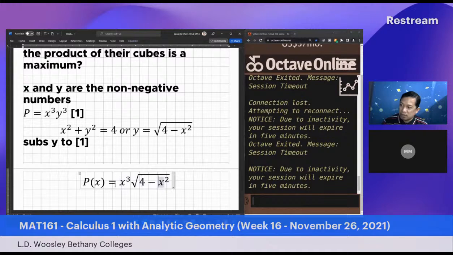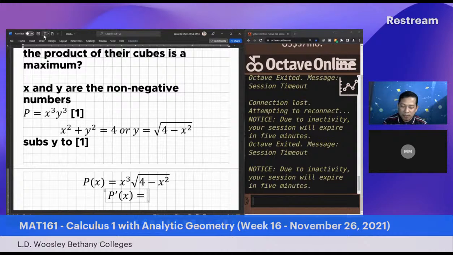That's your function. Can you solve, Michaela, for P prime of x? And then equate it to 0 afterwards.